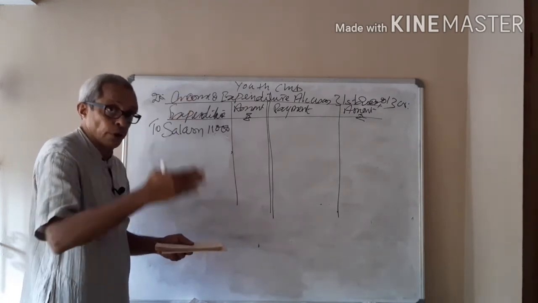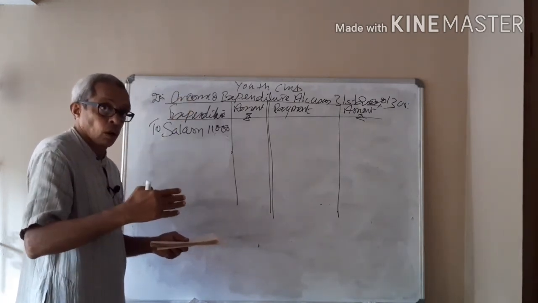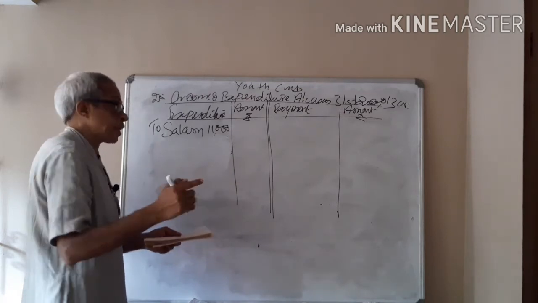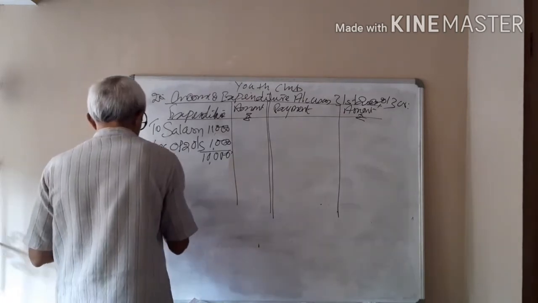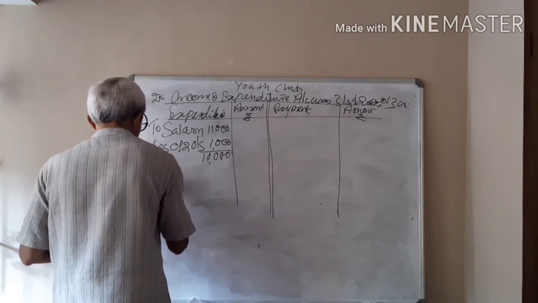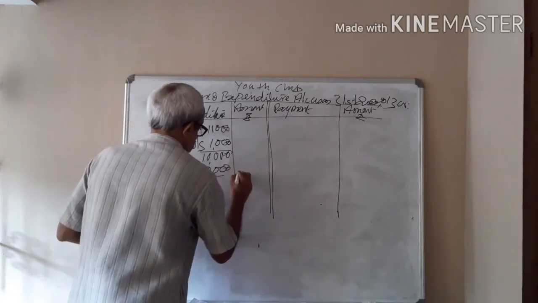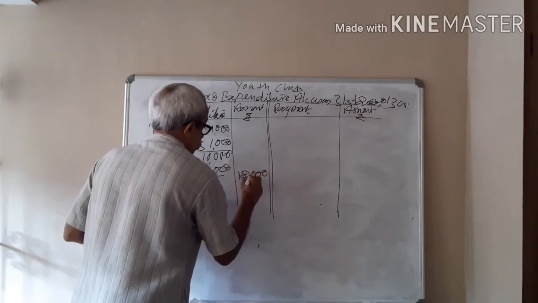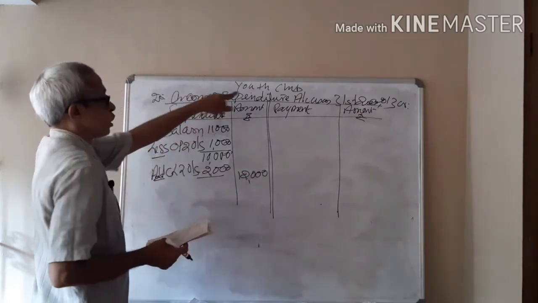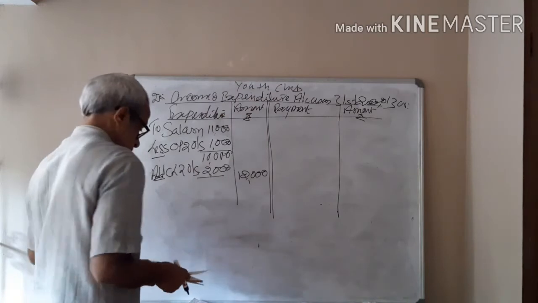So that much amount paid during the year of the previous year may be deducted, and closing date outstanding, that is 12,000, is the actual expenditure of salary during the current year.